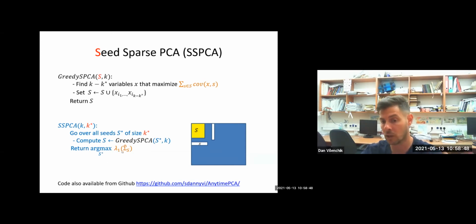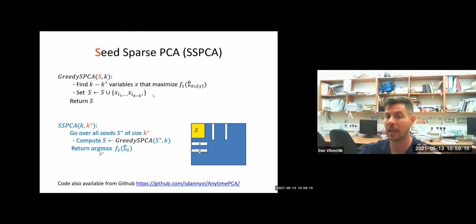You want eventually the k features that explain the most variance. But for analysis, and also for simulation, it gave the same result, we chose a slightly different function, and that's the average covariance. So we add the variable that has the largest average covariance with the already existing features.